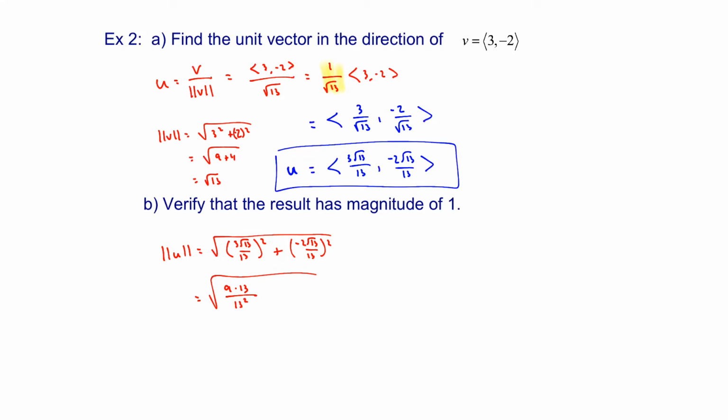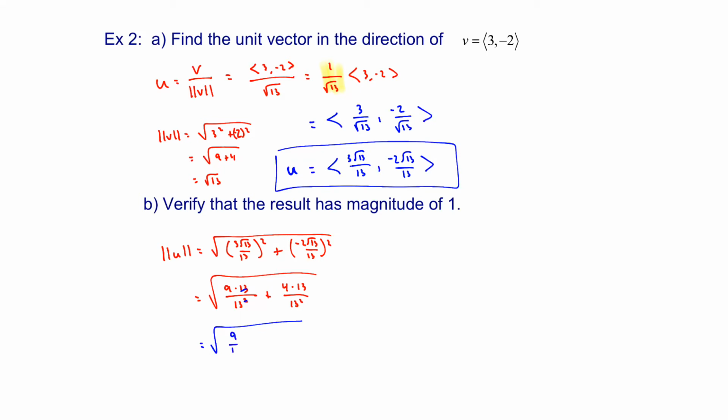So we'll actually be able to cancel out that 13, plus negative 2 squared is 4, square root of 13 squared is 13, and then once again the denominator is also squared, which would be 169. But the reason I didn't do that is because now I can actually cancel and see that this 13 will cancel with one of those.